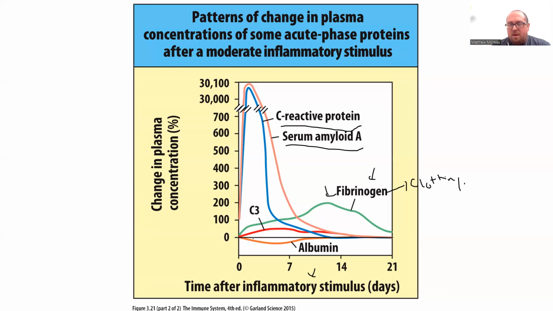And then you see things like complement receptor, there's a subtle increase, but then a decrease over time. And again, this is because complement is always on. So you already have a good collection of complement proteins at your disposal, but it's also inducible.